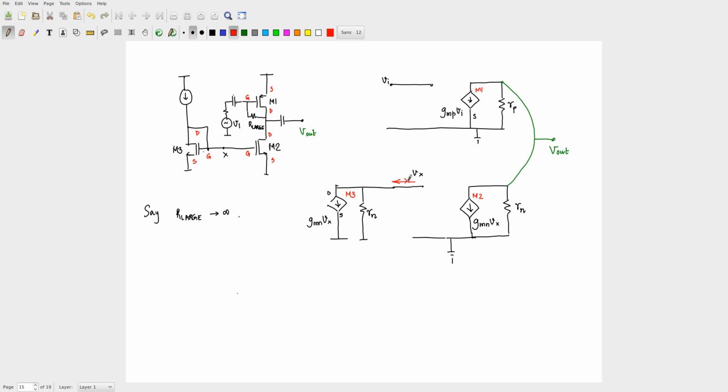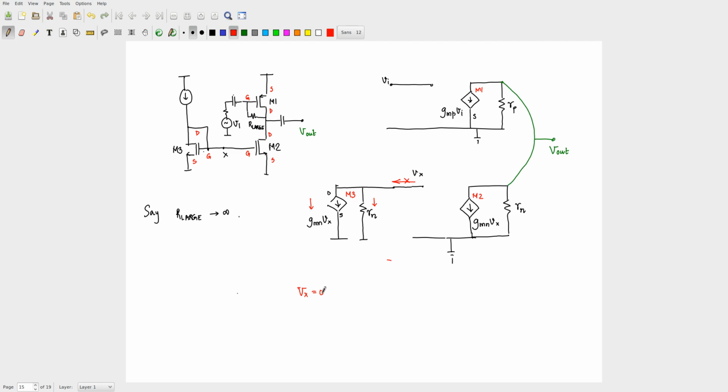If the current here is 0, what do you think Vx is? This current plus that current must be equal to 0. Find one solution and see if that actually works. Check if Vx equal to 0 is a consistent solution.